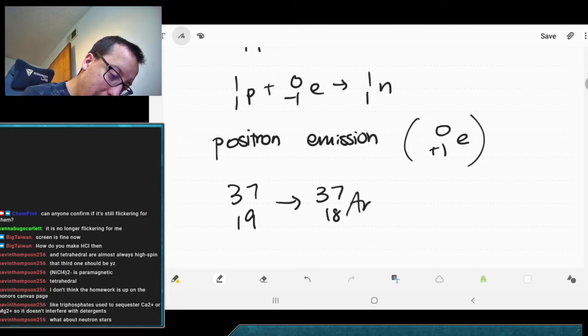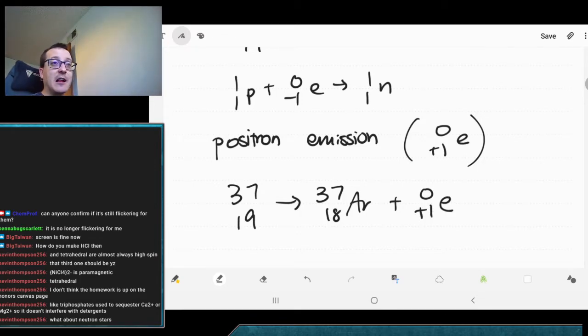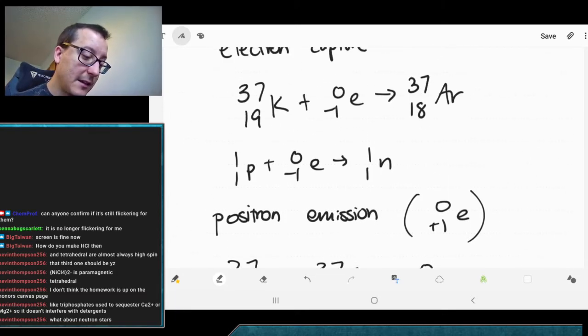What was this? Argon plus a positron. And we very often will include the plus there on the positron, just to make sure that we understand it's a positive electron, so that there's not any negative that's missing or something. It's specifically positive there. And it does the same thing, essentially speaking.